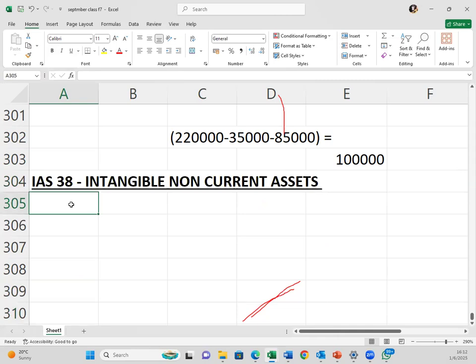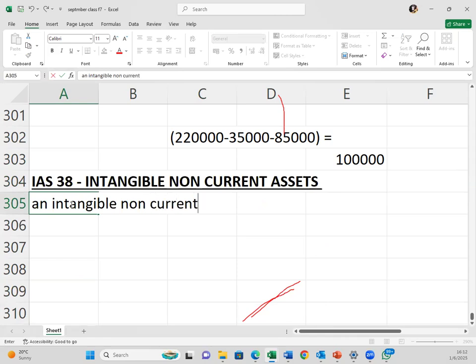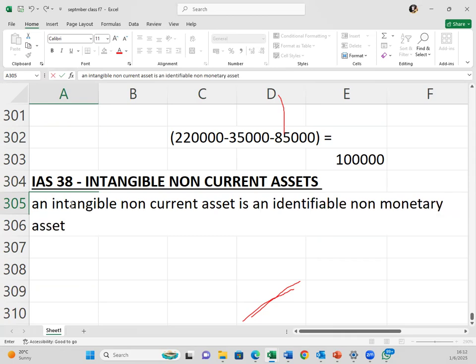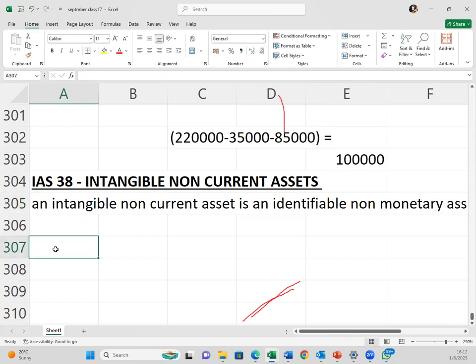An intangible non-current asset is an identifiable non-monetary asset without a physical substance.